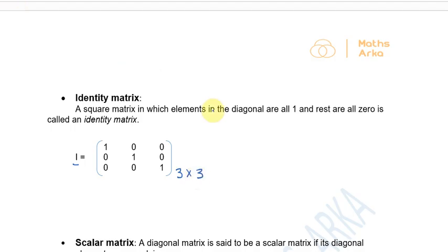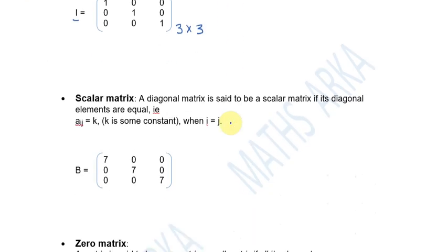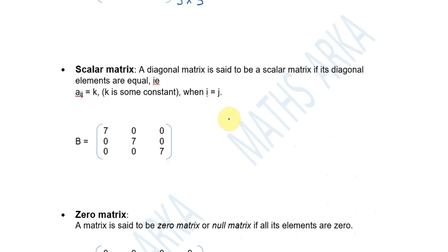Now we come to the next kind of matrix, which is the scalar matrix. A scalar matrix is similar to the identity matrix. It is a diagonal matrix, of course, but all the diagonal elements are equal. They may be equal to 1 or not equal to 1, but the diagonal elements should be equal, and the other elements are of course 0.